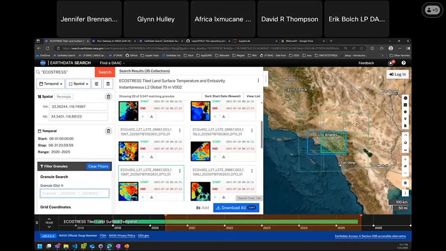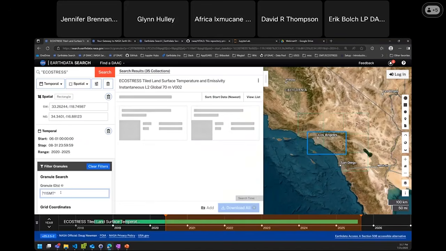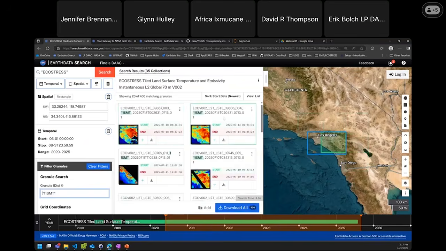It's just in the name right here, 11SMT. And so we could refine this for a specific tile, using asterisks here as a wildcard. So it'll find anything that has that in the name. And so here we've got about 400 tiles over just this region of Los Angeles that's within our bounding box.